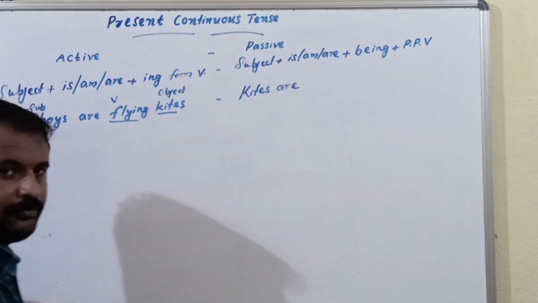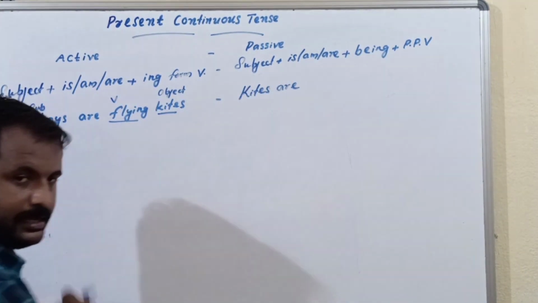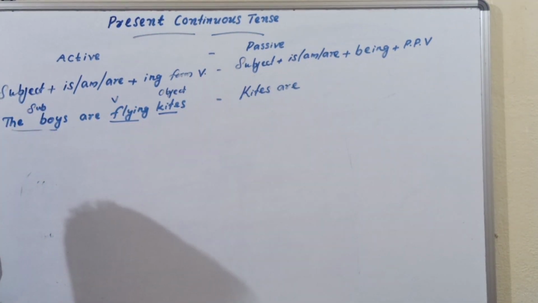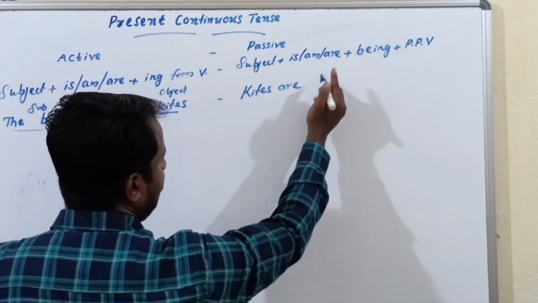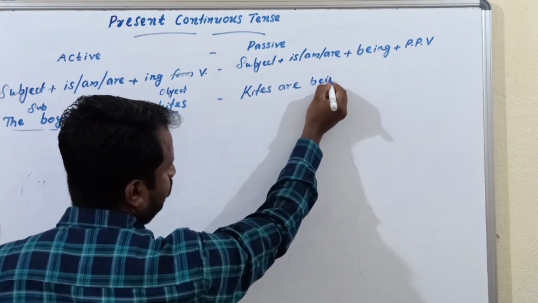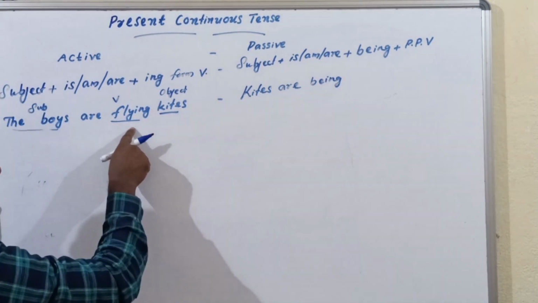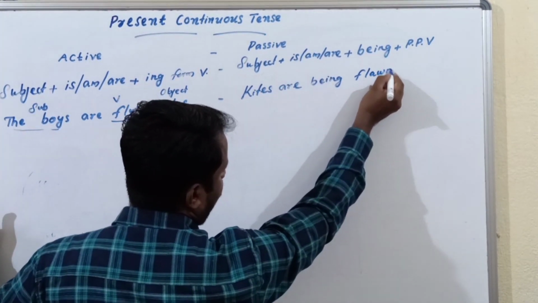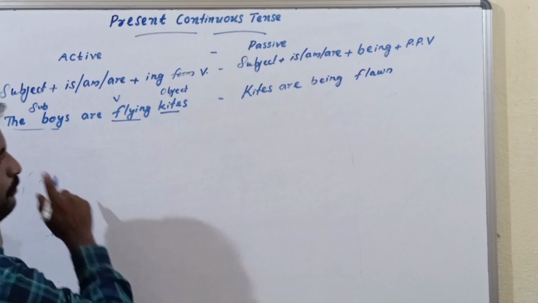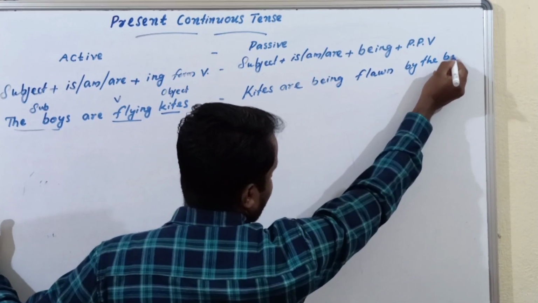Instead of kites, if it was kite only, we have to write "is," or if it was I, "am." So kites are, then what is the form? Being, B-E-I-N-G, and the past participle form of the verb. What is the past participle form of flying? Flown. Kites are being flown. Who flew them? Boys. By the boys.